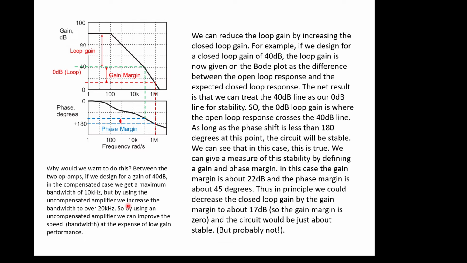But if we use this uncompensated amplifier and still run it with the same gain of 40 dB, we would actually increase our bandwidth to over 20 kHz. So by using an uncompensated amplifier, we can improve the bandwidth at the expense of low gain performance. So as long as we don't build a low gain amplifier, we'll be okay.